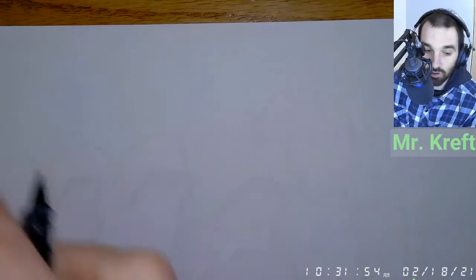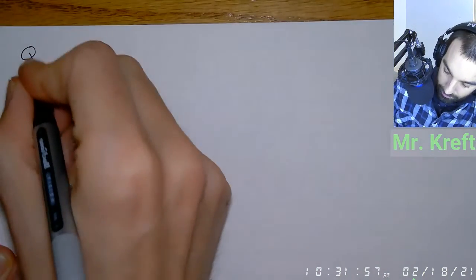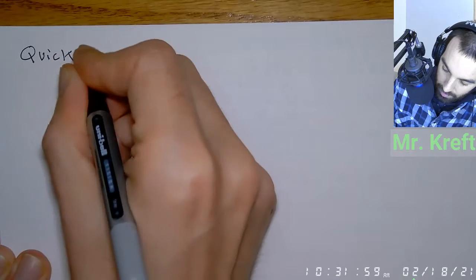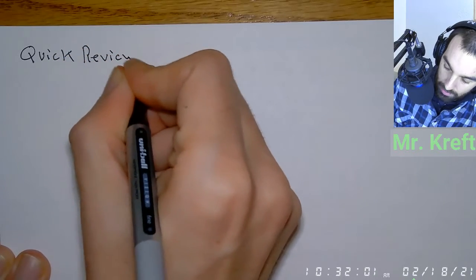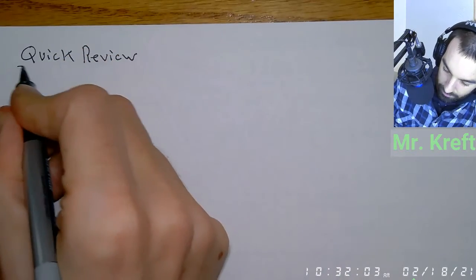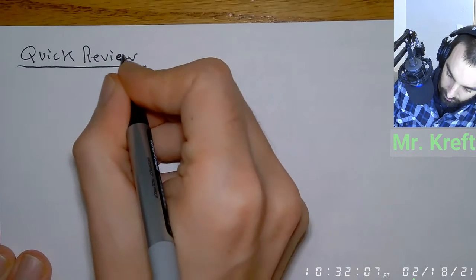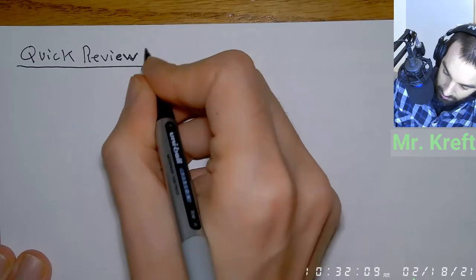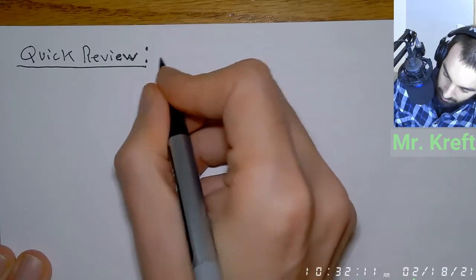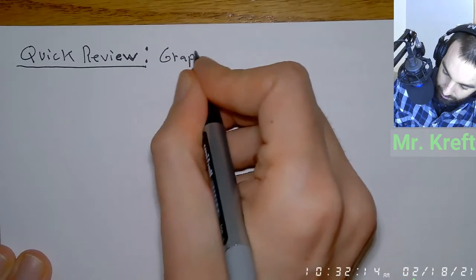All right, so let's go ahead. Now, before I do this, we're going to be doing a lot of graphing stuff. So let's just do a quick review of Algebra 1 graphing. Okay. So let's talk about graphing.